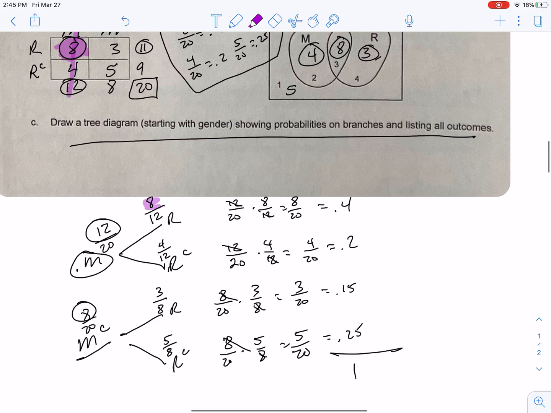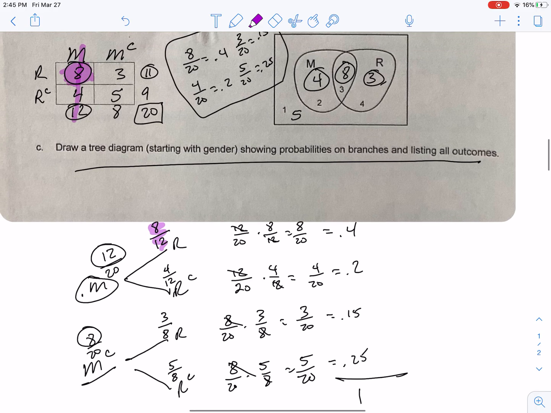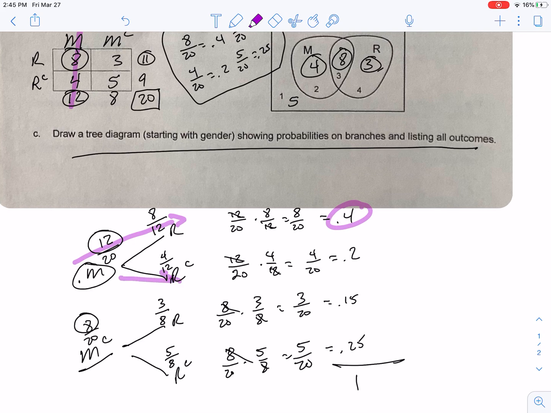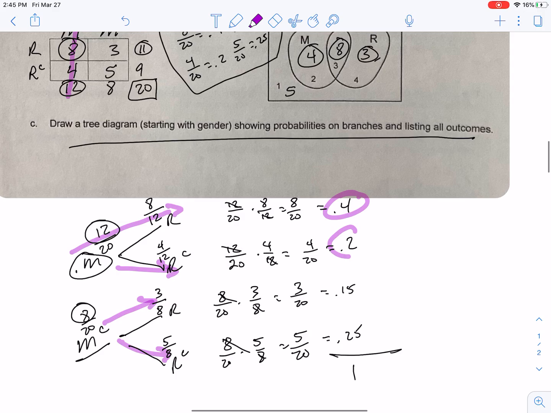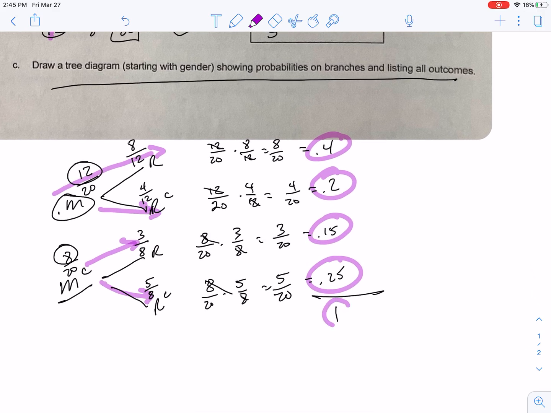That's why I have 8 out of 12, and 4 are not. You have to multiply going straight across to find the probability, given that they're male, that they're Republican, which is 0.4. Once you have all your probabilities set forth, you simply multiply them. And when you get all your probabilities out here to the right, if you add them all up, they should add up to 1.